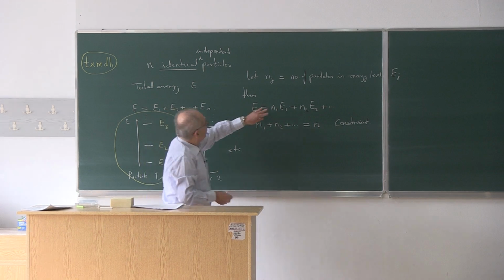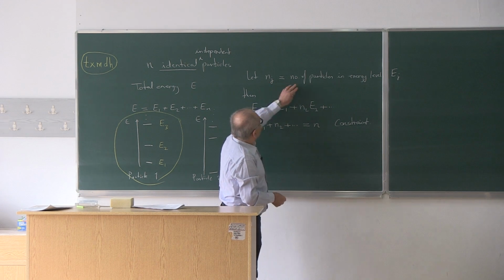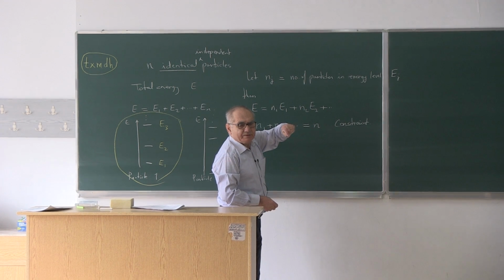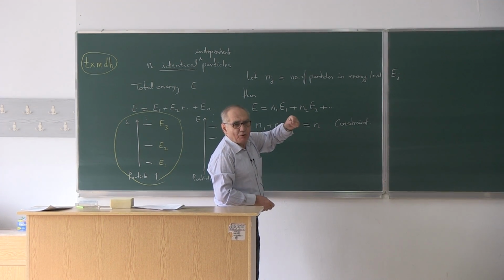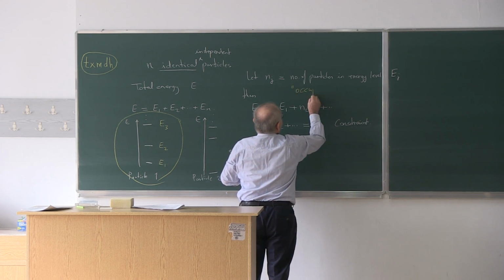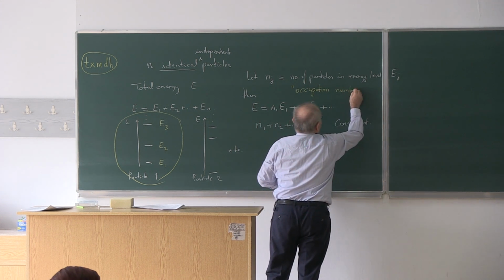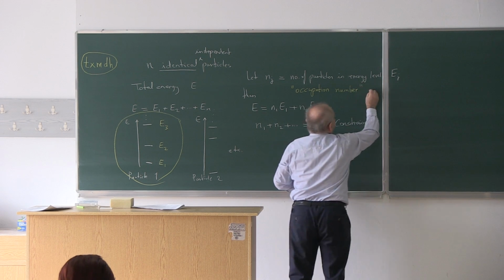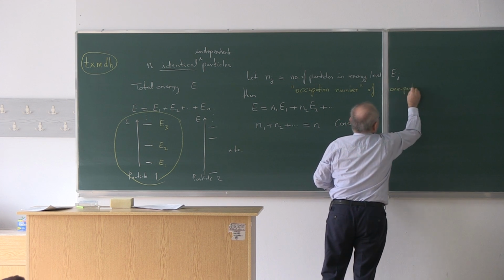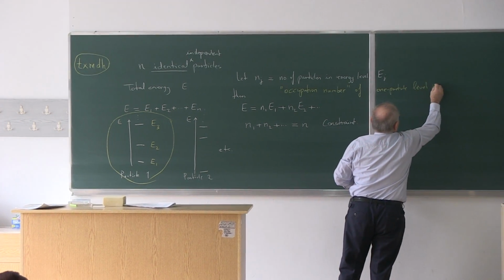All right. Now, the number of particles in energy level Ej is given another term. It's called occupation number. Occupation number of level Ej.